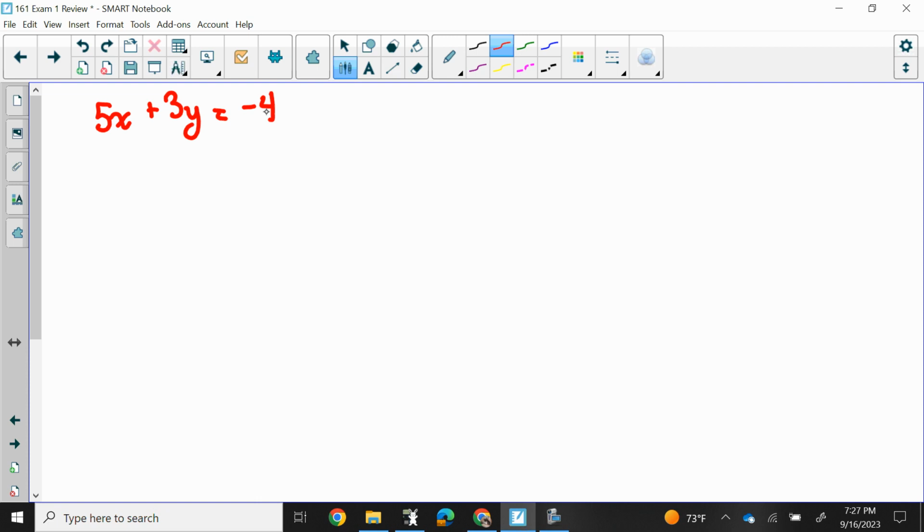All right, write the equation of a line that's perpendicular and passes through the point (1, 4). Okay, so the first thing you need to do is determine the slope of the first line.